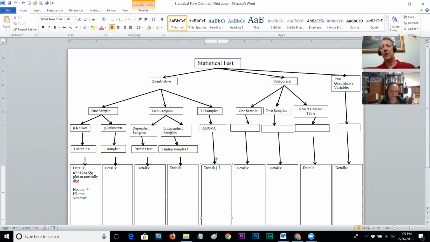So the ANOVA, just one of those details is we have to assume that the largest standard deviation is less than 2 times the smallest. Okay? I haven't taught that yet, but that'll be one.